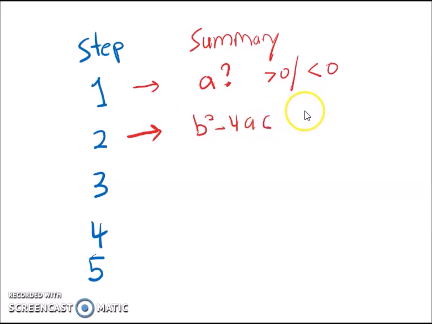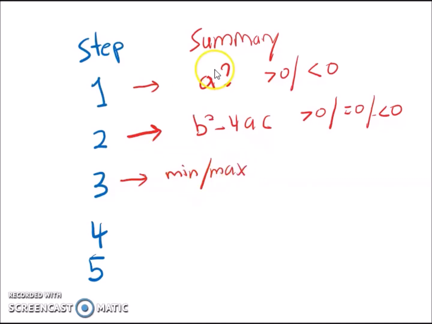So we have to make sure is it more than 0, equal to 0, or less than 0. Now the third one, we have to find the minimum and maximum point by following the a value here, and we have to complete the square here.